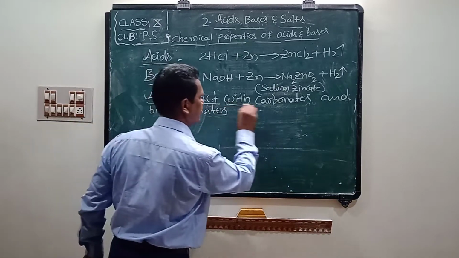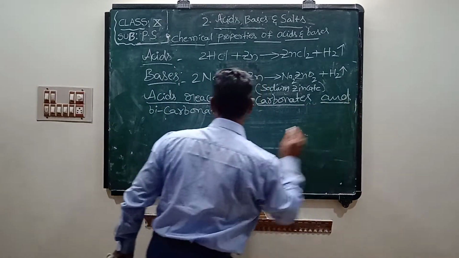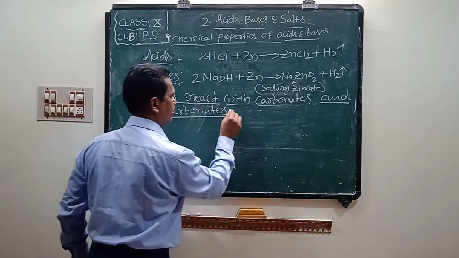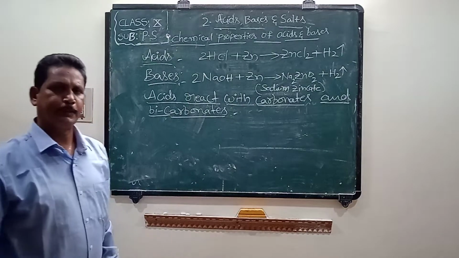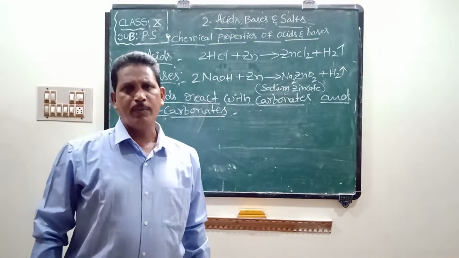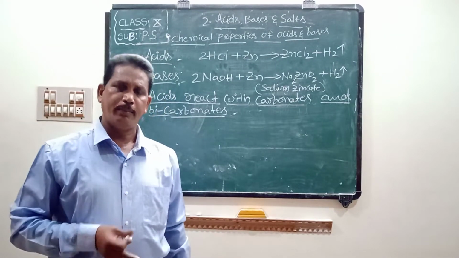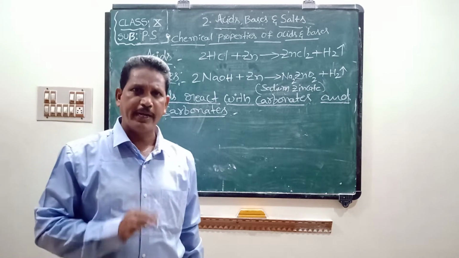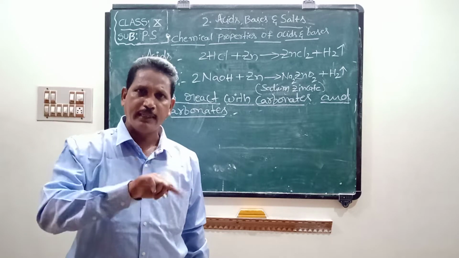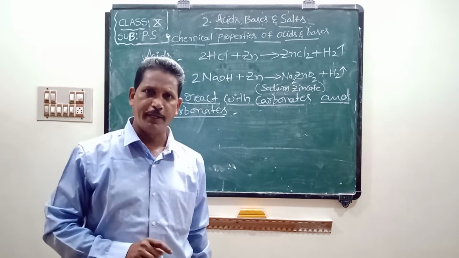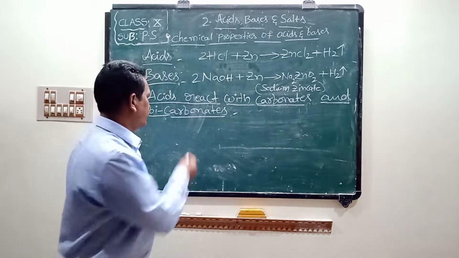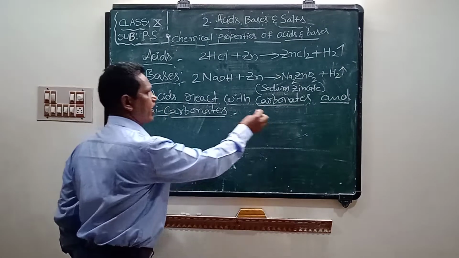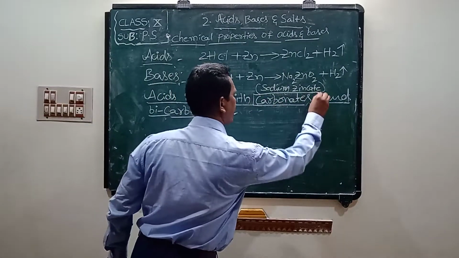Examples of carbonates: sodium carbonate, magnesium carbonate, zinc carbonate. Example: sodium carbonate, Na2CO3. So acid reacts with Na2CO3. Acids react with carbonates. First one, carbonates.